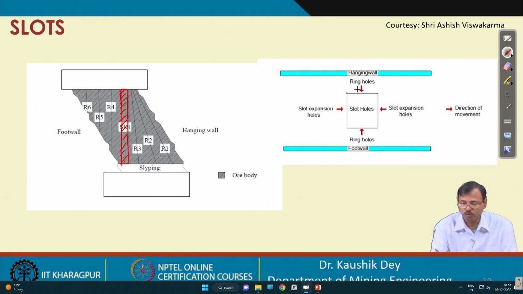If you look from this position, the slot looks like this. The other holes are to be placed in this direction, and gradually, if our movement is this side, we basically move this one, and this will act as the free face for the following blasting.